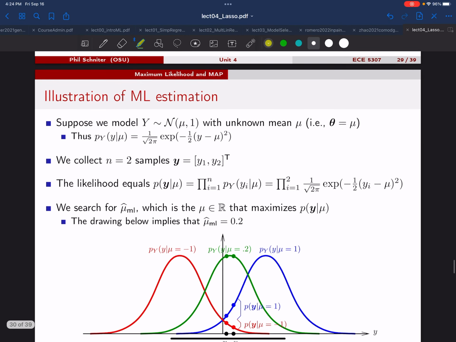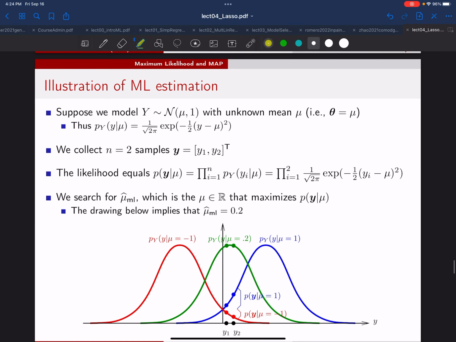Okay, so let's do a little illustration to see just visually what's going on. So we're going to assume that we have a single random variable capital Y, which let's say we know the variance is 1. It's Gaussian. What we don't know is the mean mu. So there's just one single parameter that we're trying to fit.